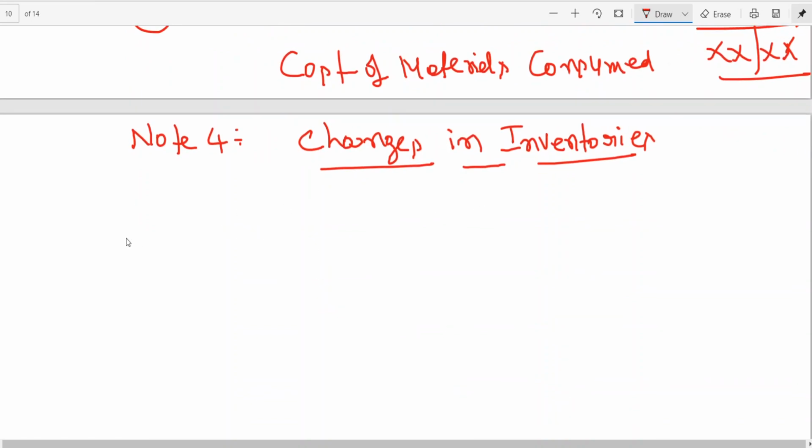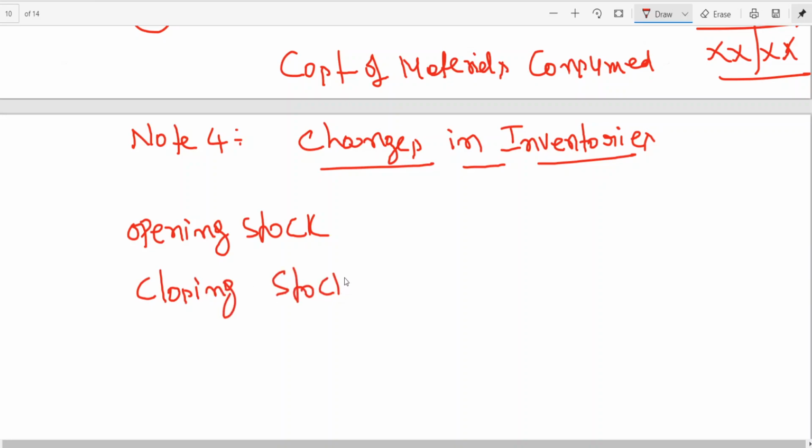When we talk about change in inventory, we talk about opening stock and closing stock. Opening stock and closing stock.